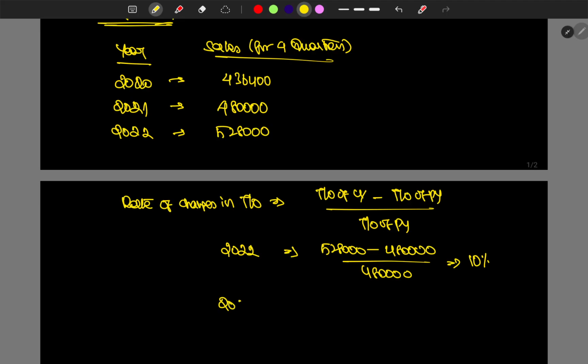Okay. For 2021, what's the trend? 4,80,000 minus 4,36,400.